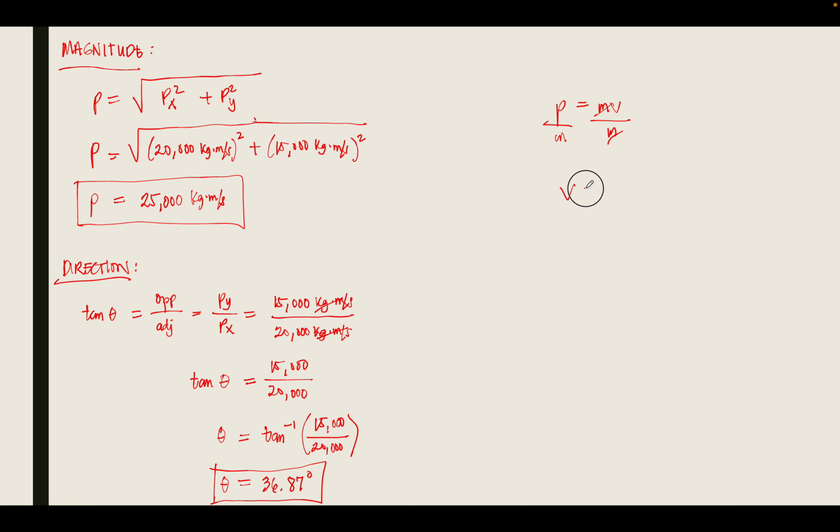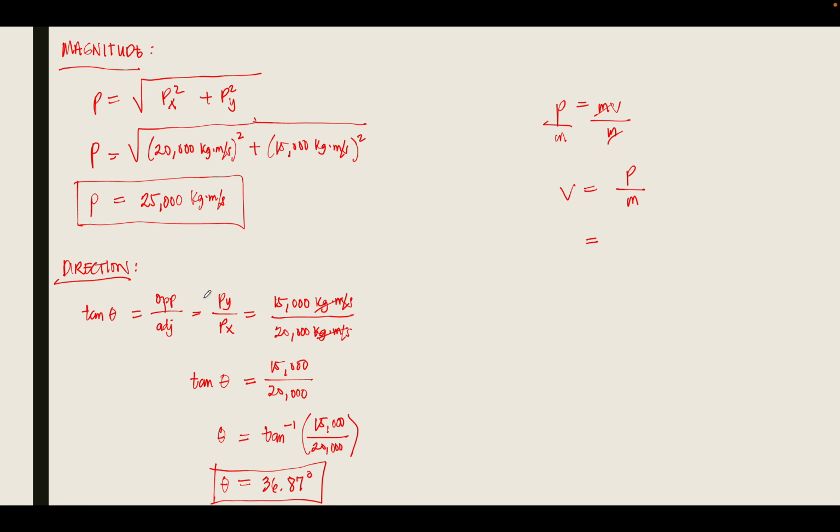So velocity is equal to the momentum divided by the mass. Now, we have our momentum, which is 25,000 kilogram meter per second divided by, for the mass, we will add the two masses, the mass of the car and the mass of the truck.